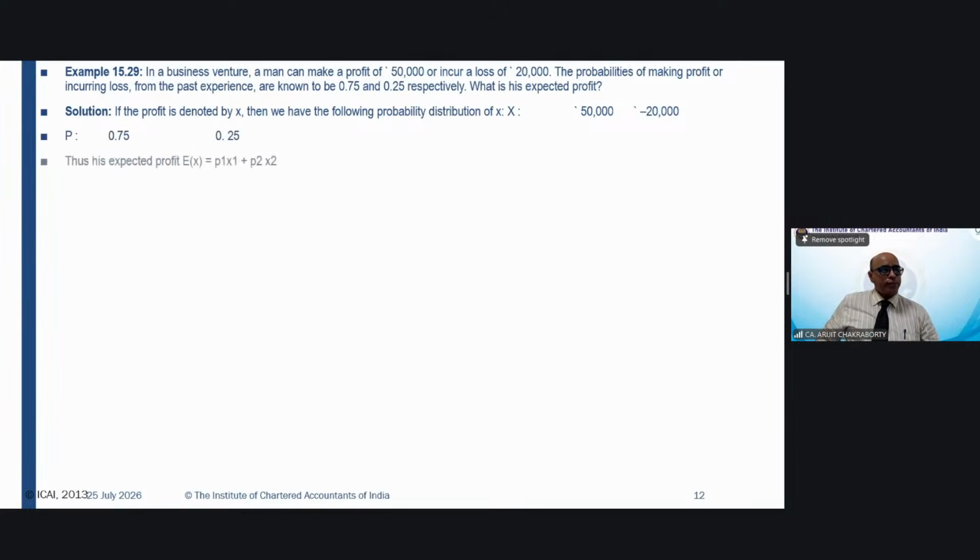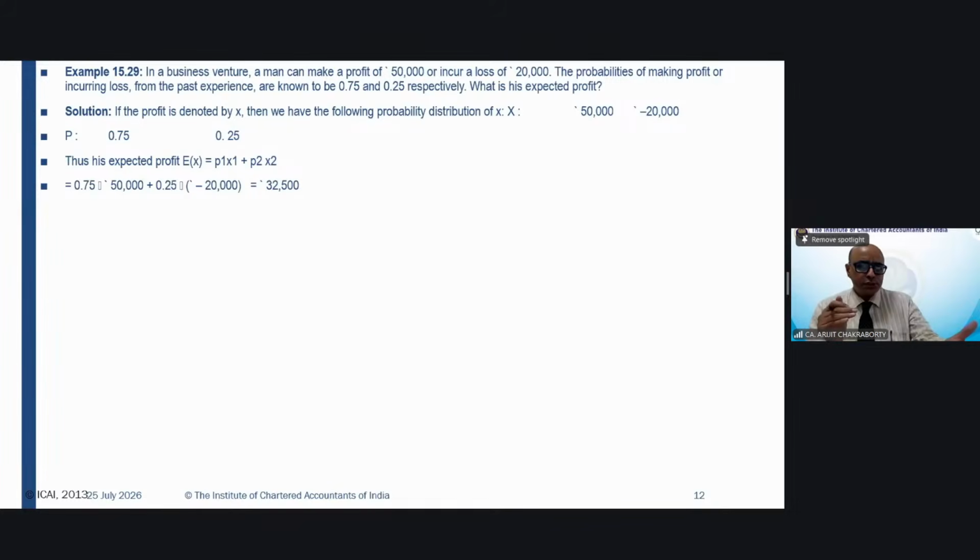What is his mathematical expectation? His expectation is sigma pi xi. So here his expected profit is sigma pi xi. That means 0.75 is the probability of earning a profit.